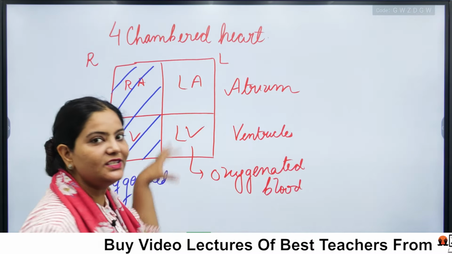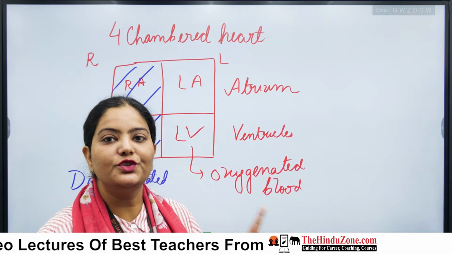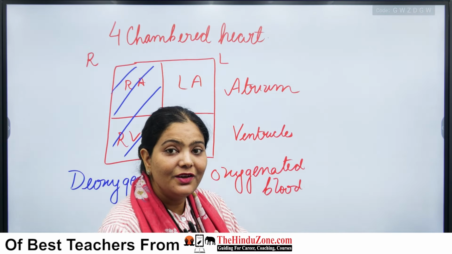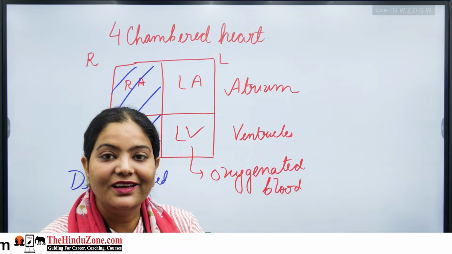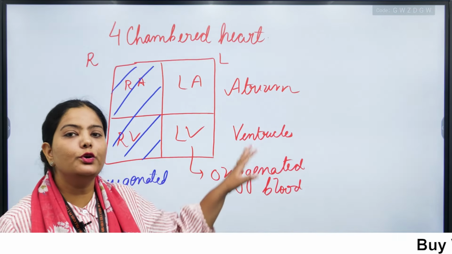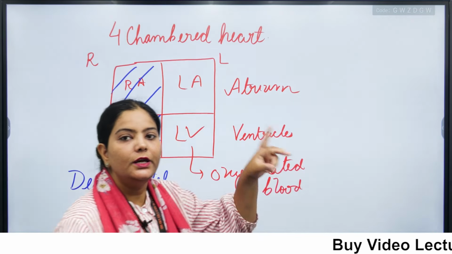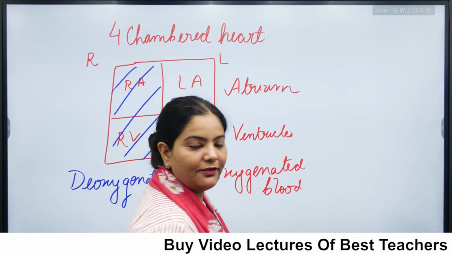So who is oxygenating all these things? Please don't get confused. Your heart is just a pump. Where is all this blood getting oxygenated? In the lungs, of course, in the lungs. Okay, so suppose if I divide your body into 2 parts through a muscular fold which is called diaphragm.